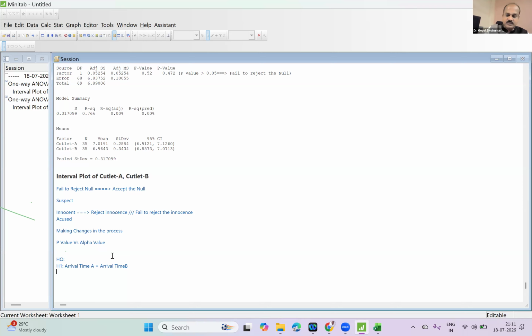Now the alternate will be H1, I'm sorry, I just have to change it to not equal to. Okay. Now as usual, unless otherwise declared, alpha will be how much? 0.05.